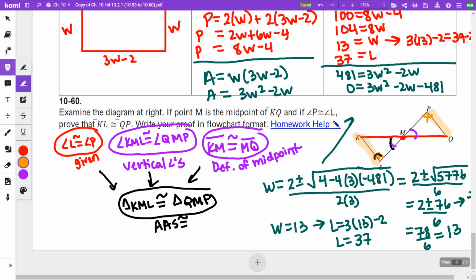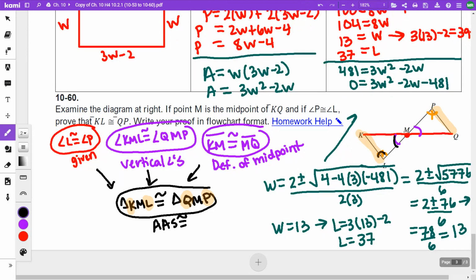Since they're in the same spot, KL and QP are going to be congruent to each other. So we're going to say that the fact that these triangles are congruent leads to line segment KL being congruent to line segment QP. And the reason is congruent triangles lead to congruent parts. And that's the end of this video.